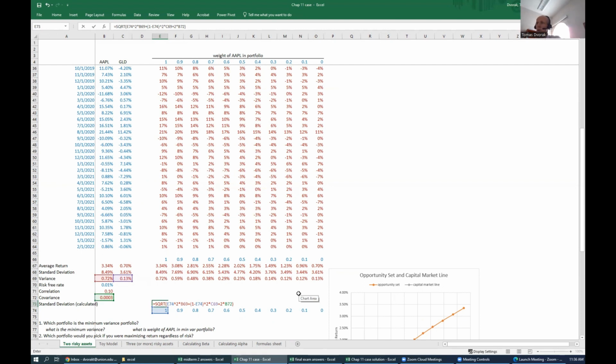Now, I'm going to be copying this formula to the right. And so I need to decide which cells need to be locked. And it's certainly the covariance needs to be locked, because that doesn't change. We always want to grab it from B72. The variances should also be locked.